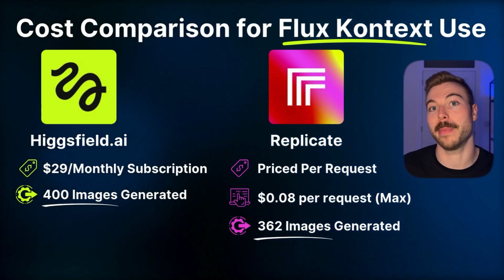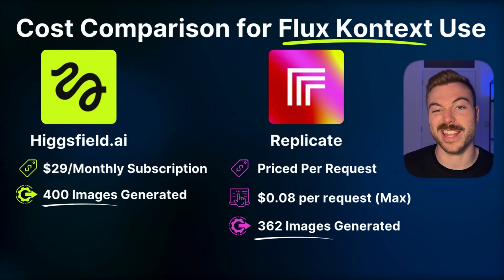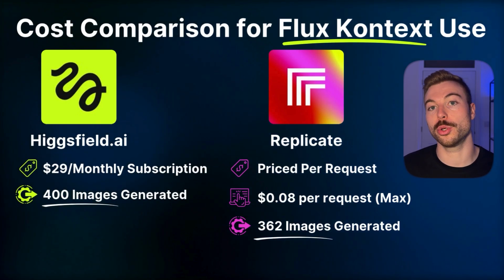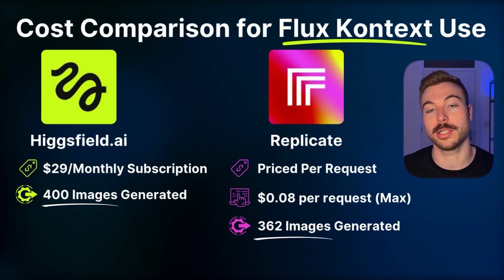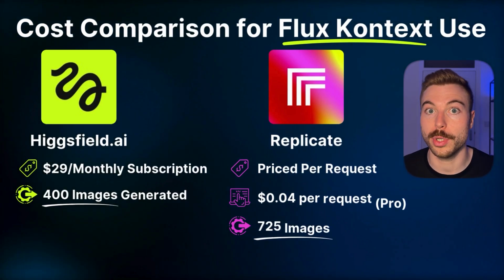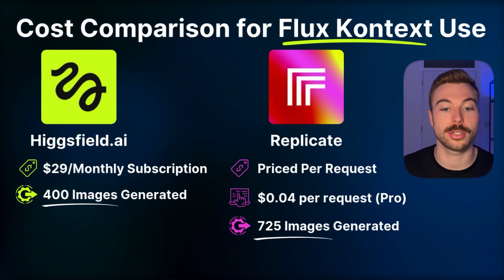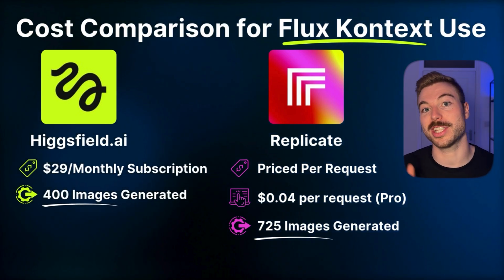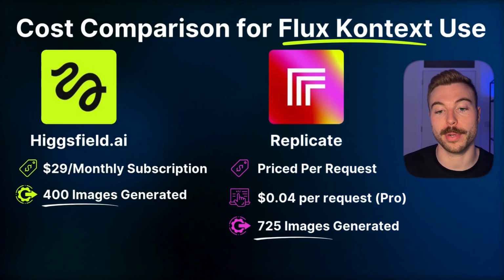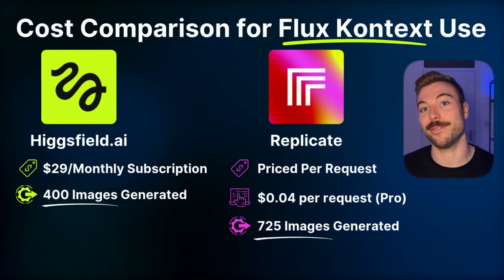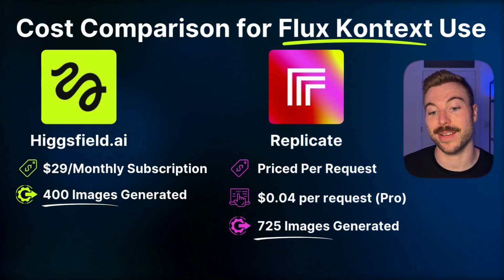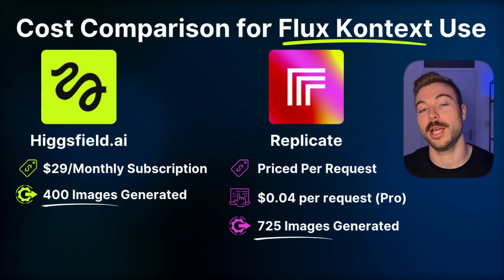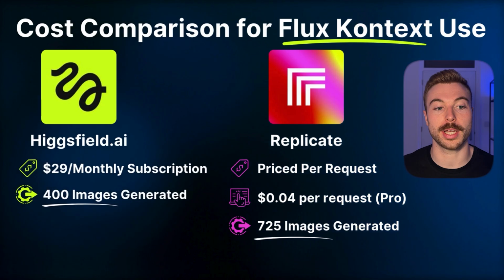But if you're using Max from Replicate, at that 8 cents per request, you're only able to get that 360 images generated. But the Pro model, so that tier down from Max, what you'll be able to see here is that cost halves for Replicate. So you're only 4 cents per request. So now you're able to generate 725 images if you went for platforms like Replicate.